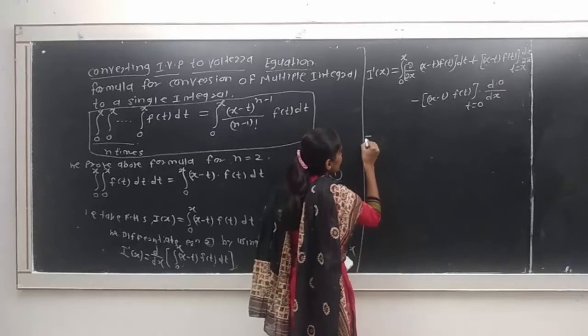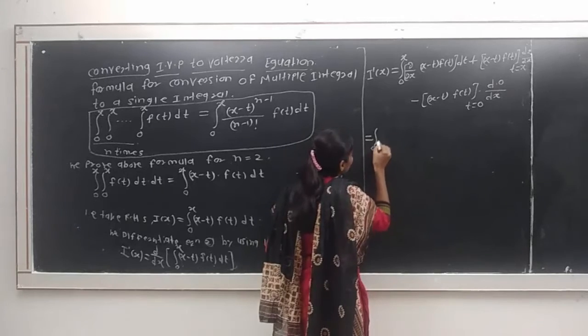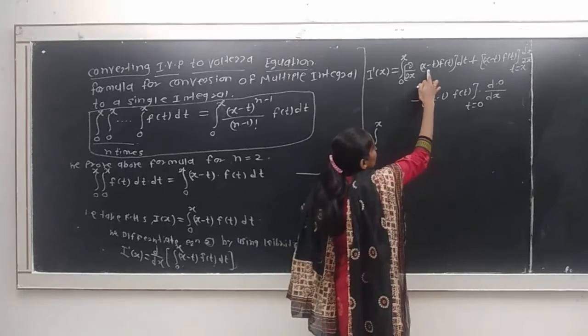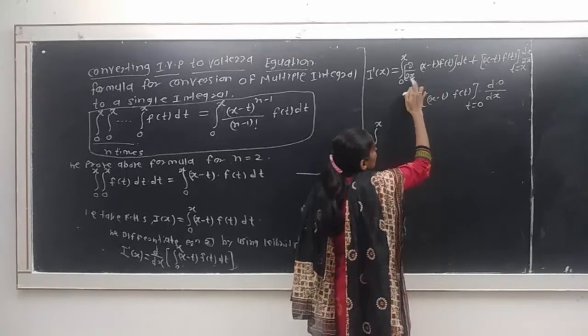When we solve this, we get integration from 0 to x, we differentiate partially this function with respect to x.